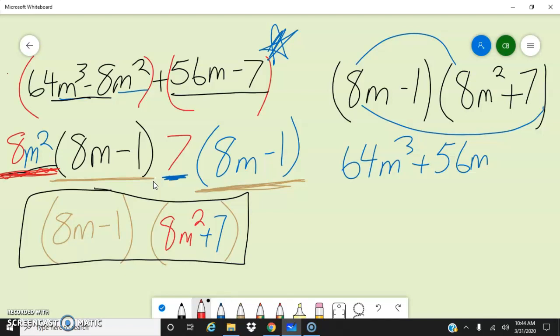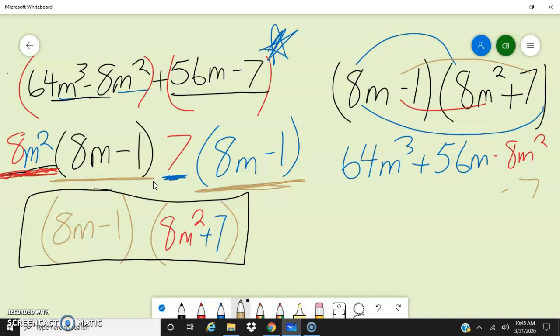Okay, then let's go inside. So negative 1 times 8m squared is negative 8m squared. I ran out of room, but that is okay. So negative 1 times positive 7 is minus 7.